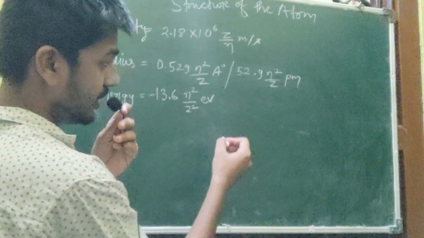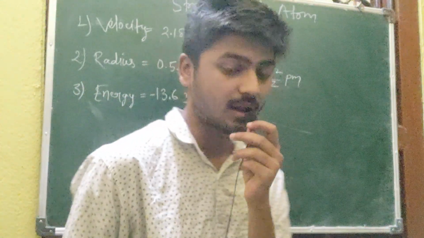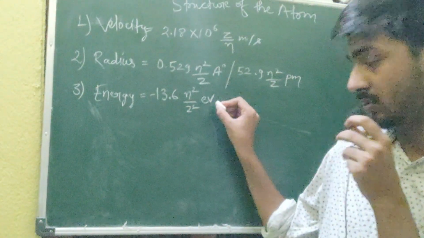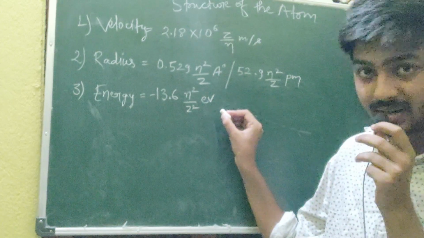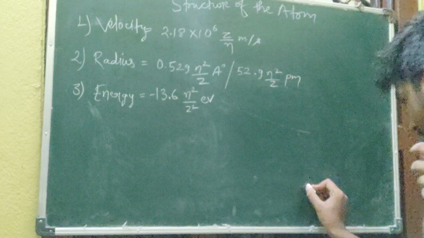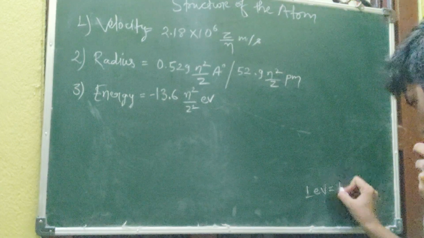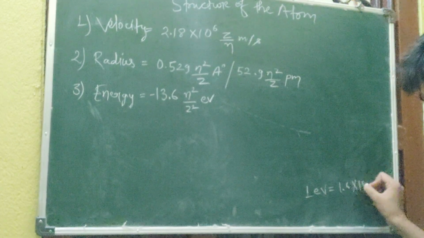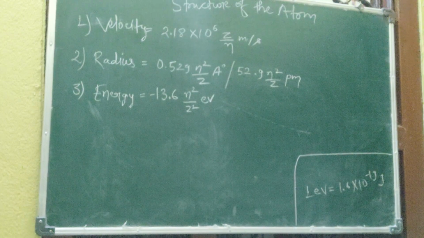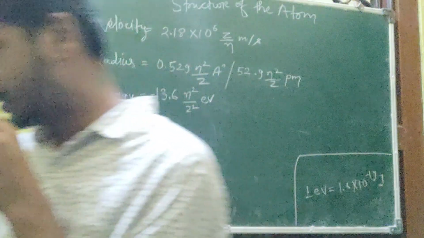This comes in eV, and if the question asks for total energy in joule, then you have to convert this energy from eV into joule. You should know that 1 eV equals 1.6 into 10 to the power minus 19 joule. That is the unit of conversion. Easy.